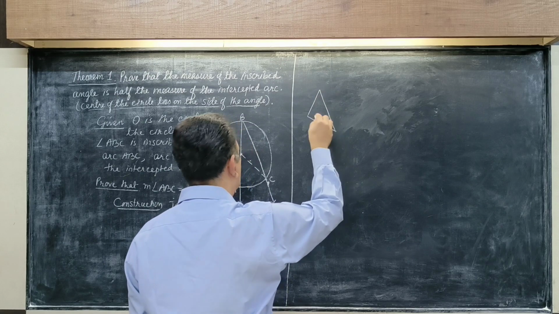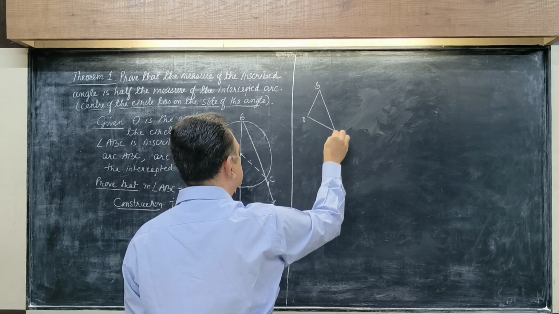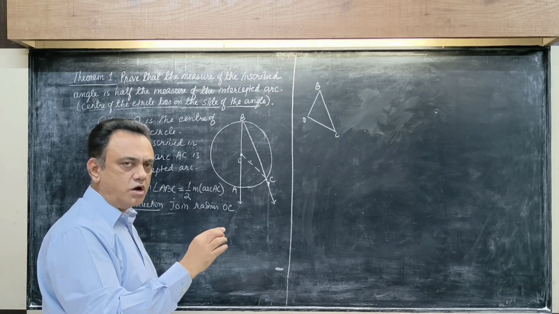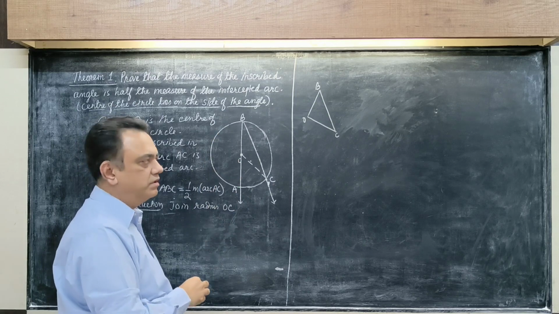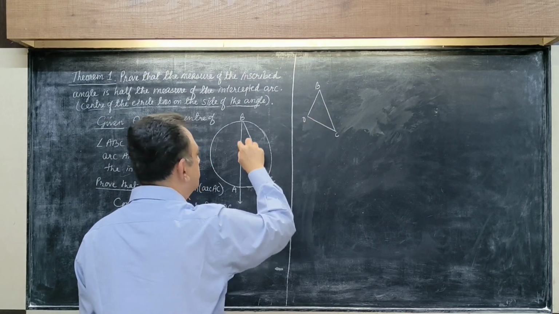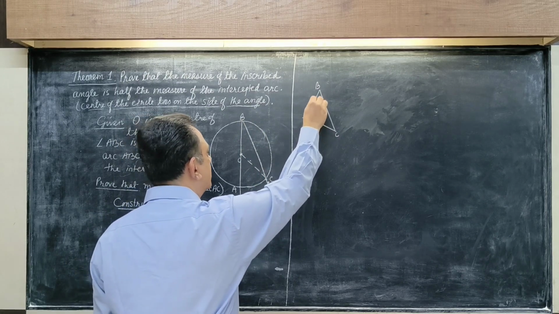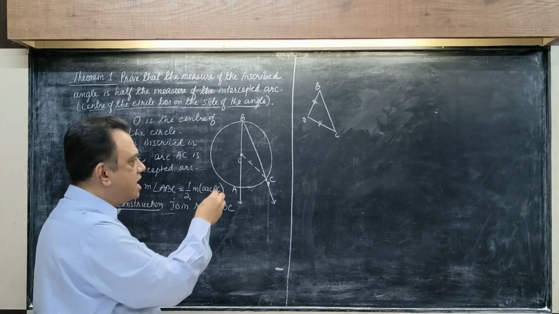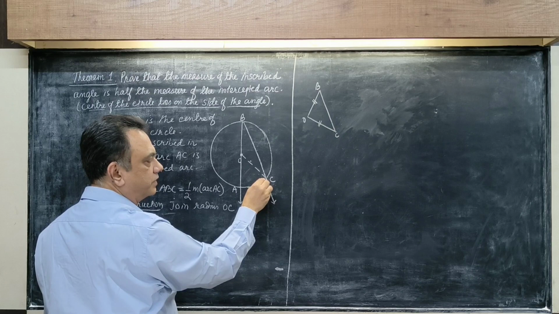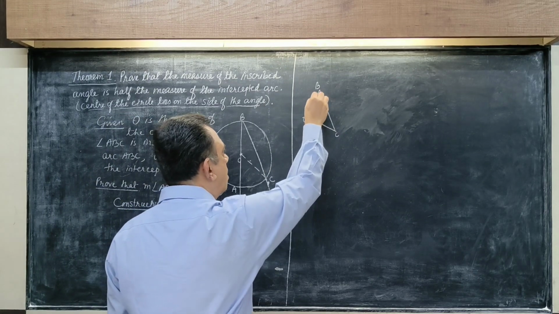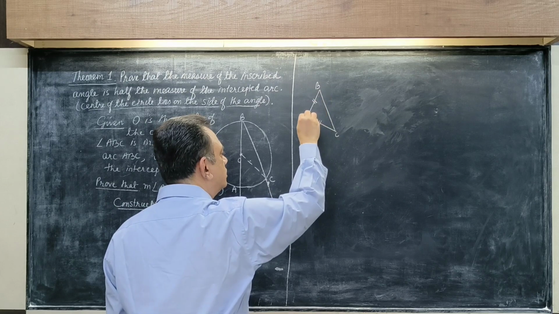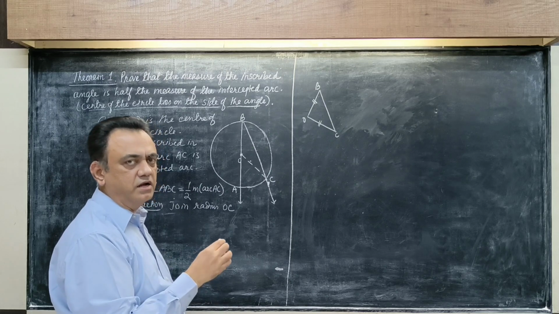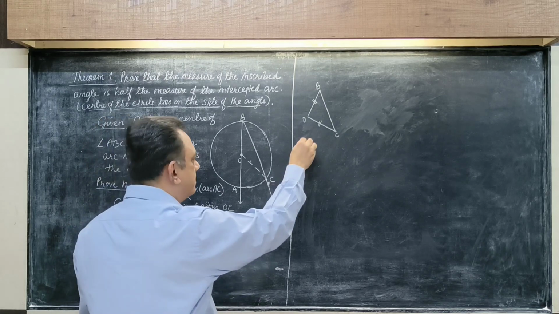I'll give an idea about it before we proceed. I take the triangle OBC. First I'll explain in short and then we'll go for writing. In triangle OBC, OB is equal to OC, radii of the same circle. Therefore, angle OBC is equal to angle OCB by isosceles triangle theorem. Next one.